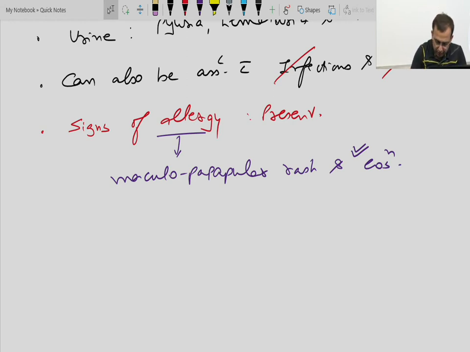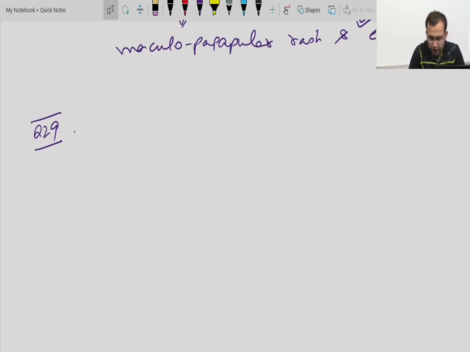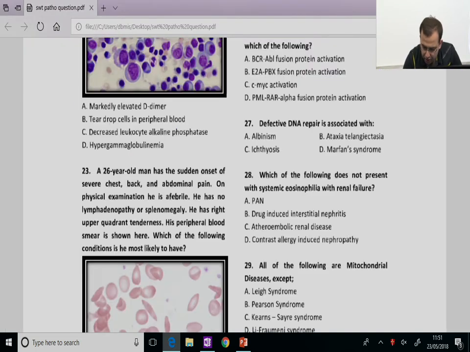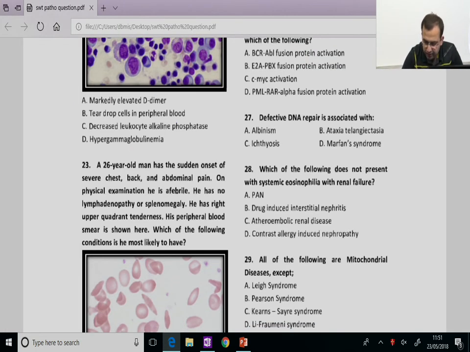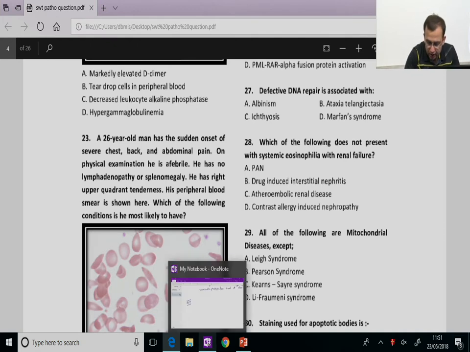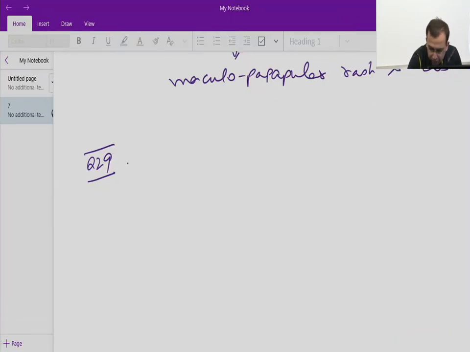Done. Next, this gets us to the next question, that is question 29. All of the following are mitochondrial diseases except Leigh, Pearson's and KSS. They are mitochondrial except D, that is Leigh-Fromeny syndrome.